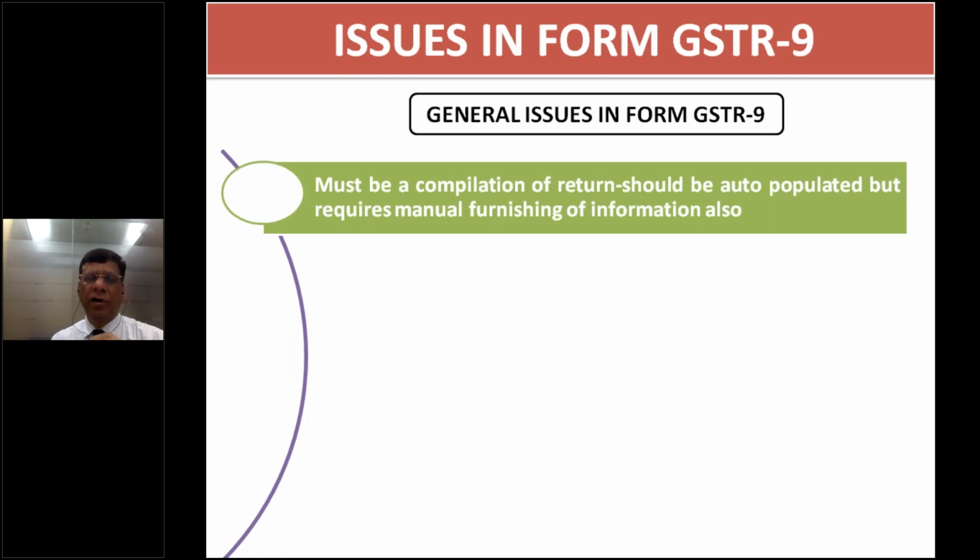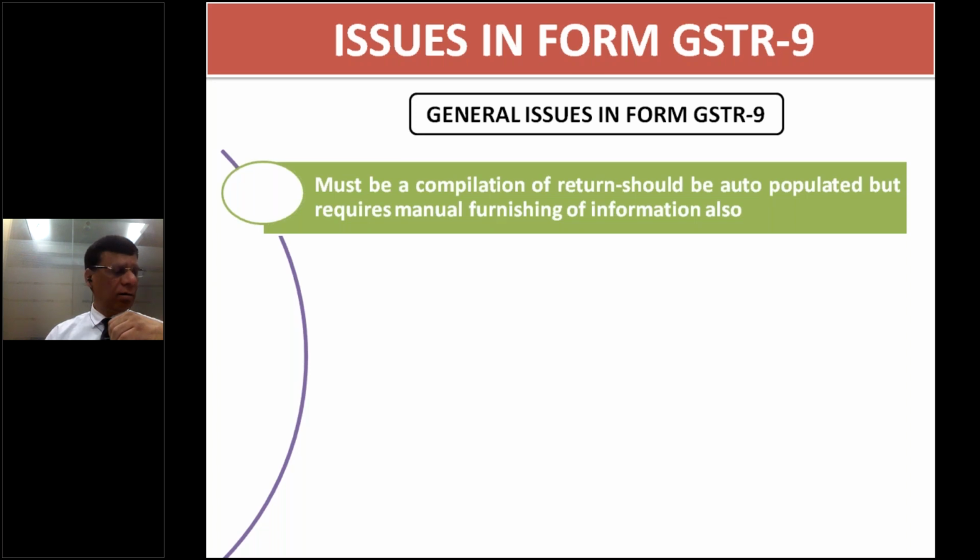Must be a compilation of return, should be auto-populated, but requires manual furnishing of information also. The lawmakers claim that the information in this Form 9 would be auto-populated. But you see, in Form 3B we have 6 tables. Tables 1 and 2 contain basic information.